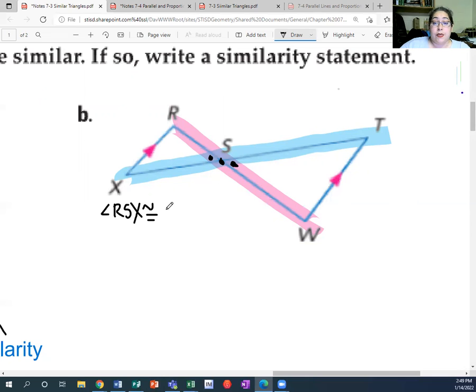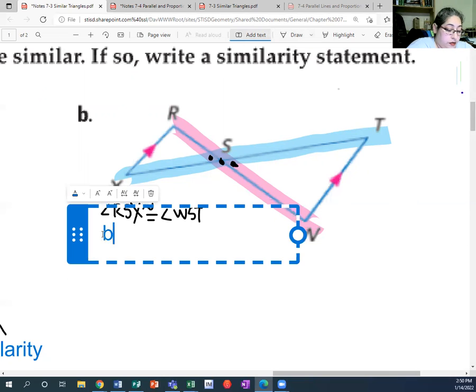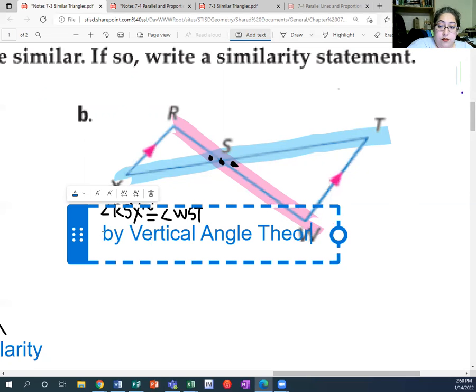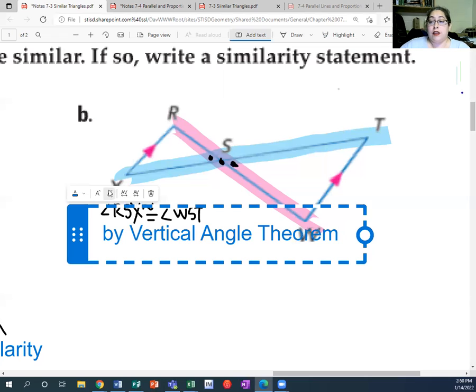So I can write that these two angles are congruent. And I'm going to give the reason. All right, by the vertical angle theorem.